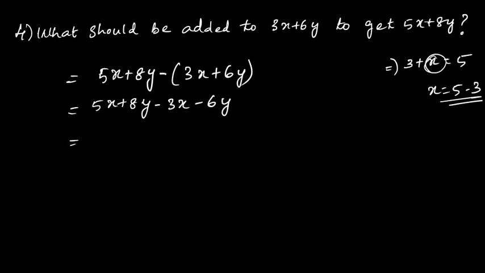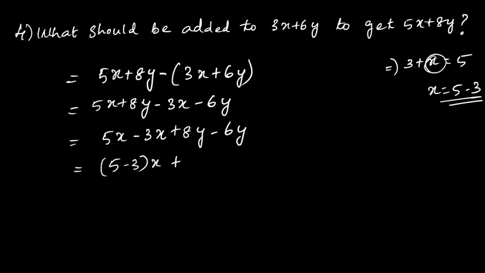So write x terms together, we'll get 5x minus 3x plus 8y minus 6y. Next, take x common, we'll get 5 minus 3x plus 8 minus 6y. So 5 minus 3, 2x plus 8 minus 6 is, so 2y.